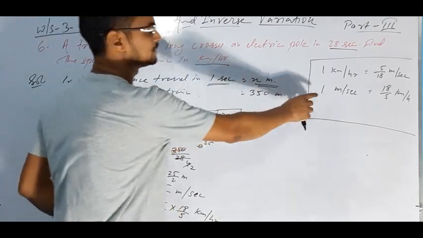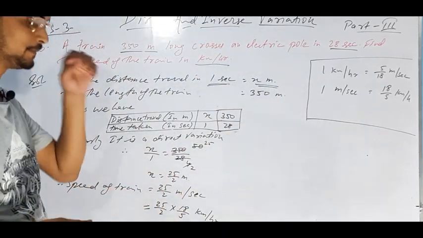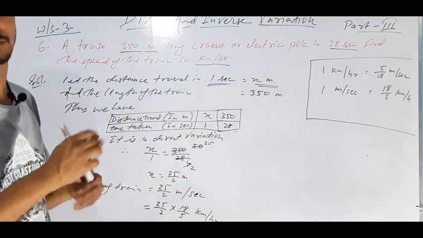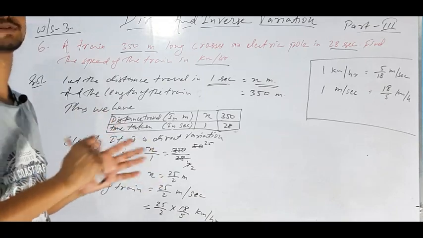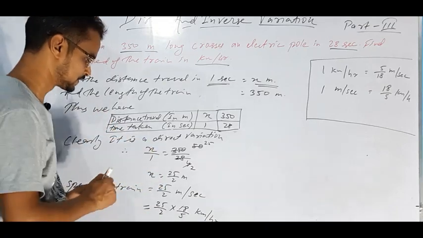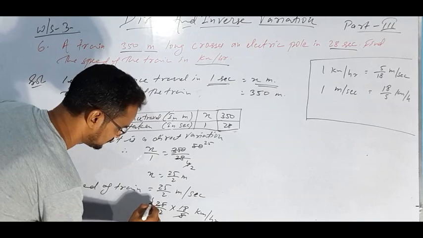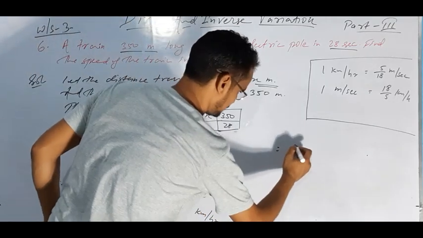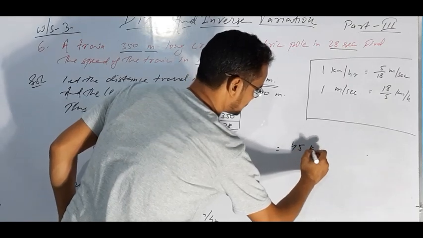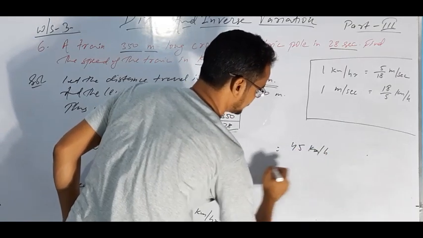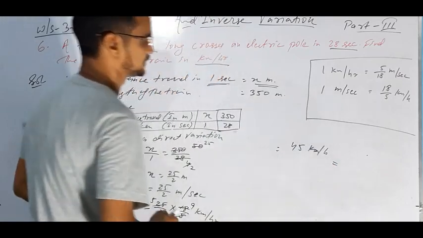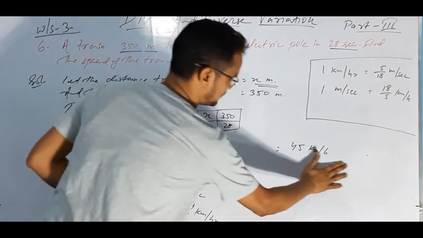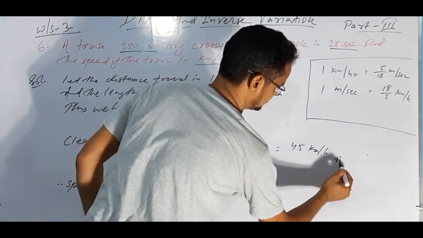This conversion can be done by simplification, converting kilometer into meter or hour into seconds. Now solve this. 5 5s are 25, 5 2s are 10, 9 5s are 45 kilometer per hour. Therefore, the speed of the train is 45 kilometer per hour.